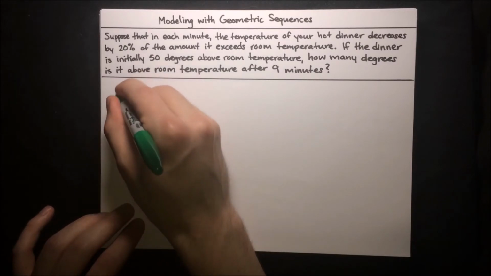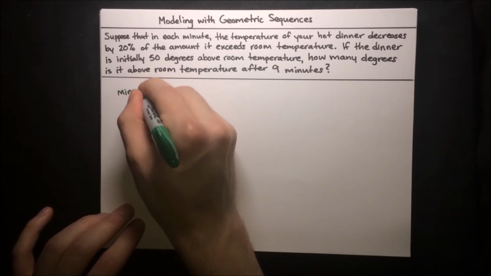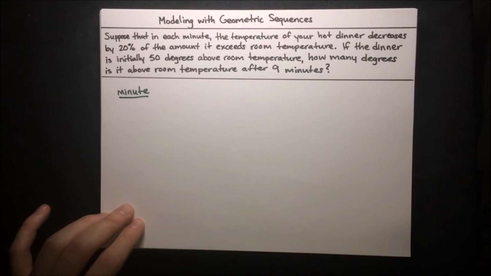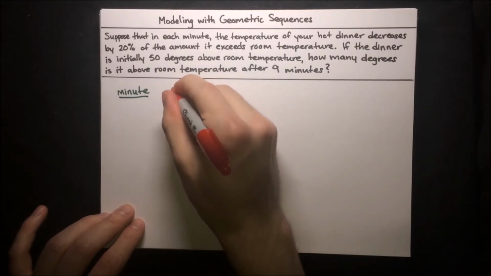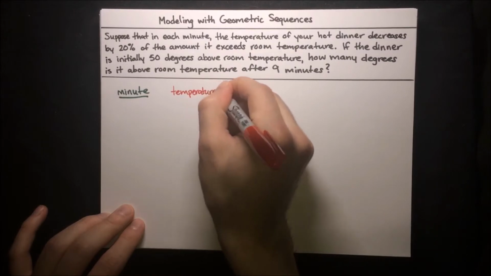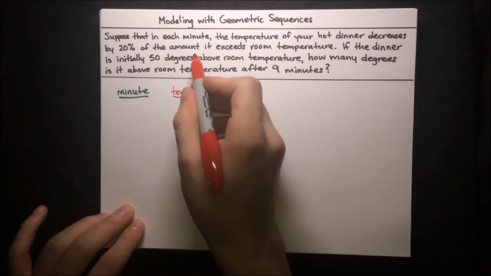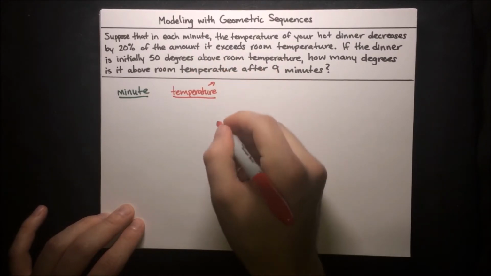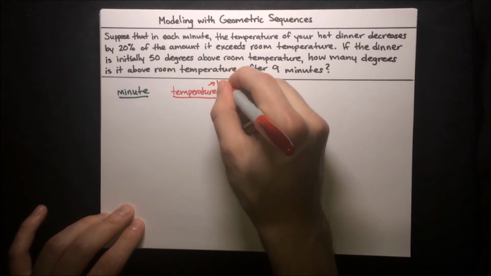So we'll make a table with minute here, and then we'll have temperature on the other side. And that temperature, of course, will be the amount by which it exceeds room temperature.